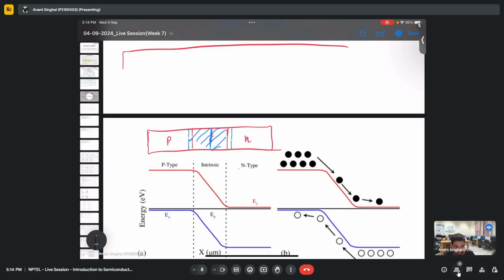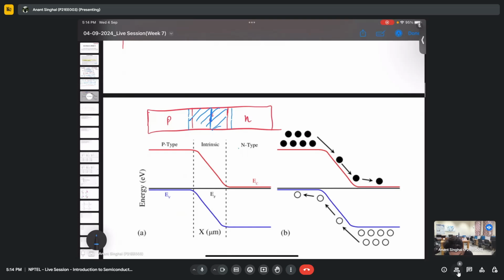So if I take a very thin intrinsic semiconductor, the EC and EV levels will not stay constant, because the whole intrinsic region is experiencing the electric field, or the whole intrinsic region is carrying the depleted carriers. That is, for this case it will be Na minus, and this will be Na plus.